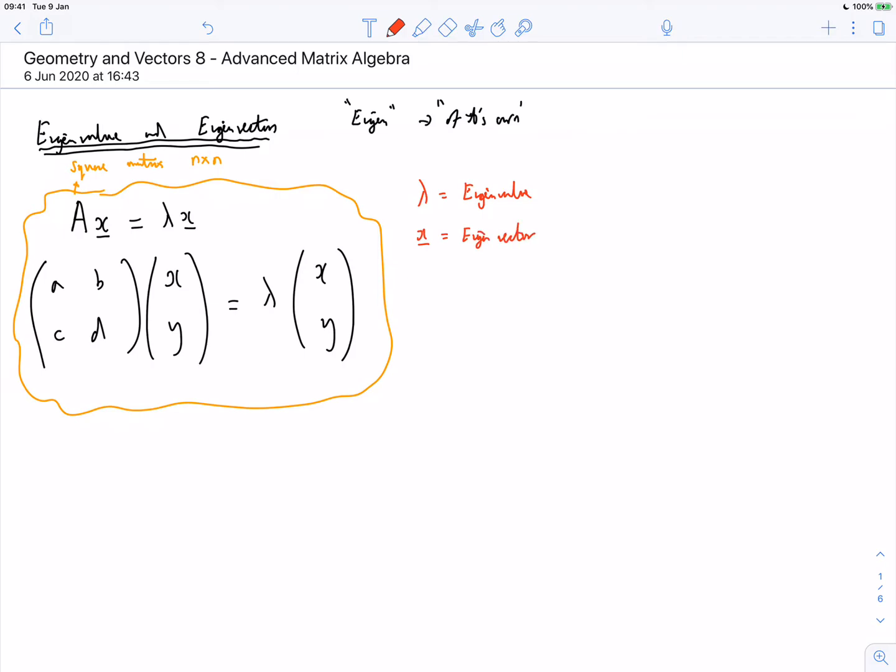If we find a vector such that by multiplying a matrix by it, that's the same as just multiplying that vector by a scalar, then we say that's an eigenvector.